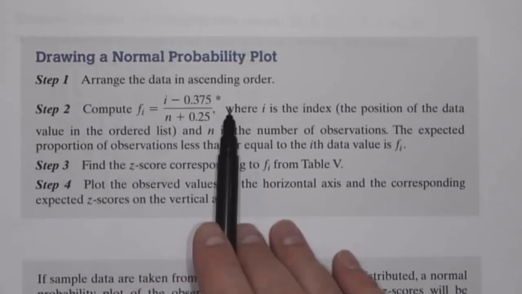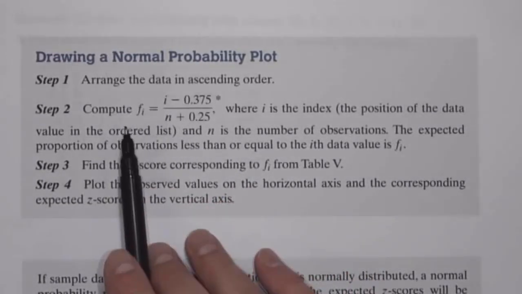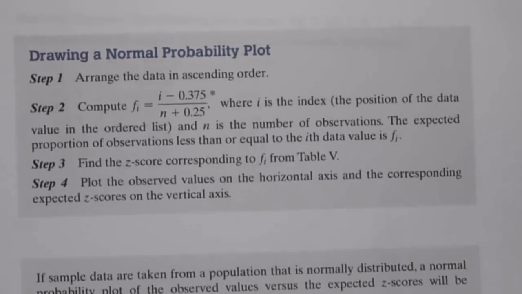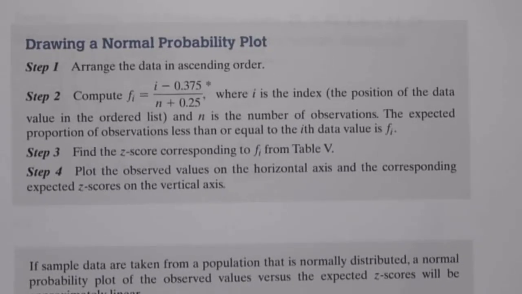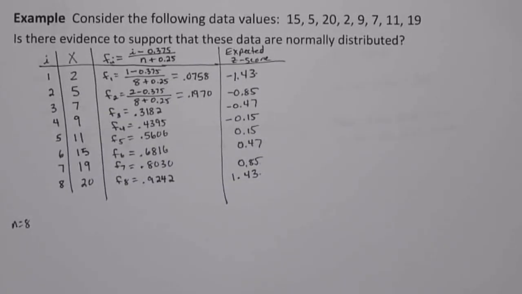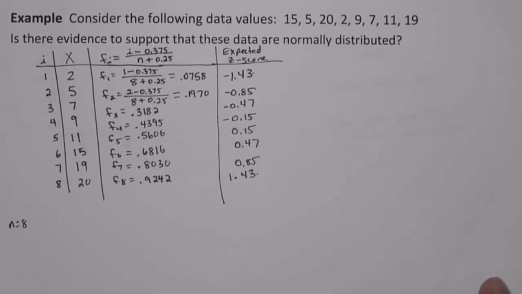Well, truthfully, this formula is a somewhat simplistic formula. The formula that the calculator uses is a little more complicated, and so it comes up with different expected z-scores as a general rule because of that. Okay, and so that's why there's that discrepancy. There's not much we can do about it, but I just wanted to point out that there was a discrepancy.